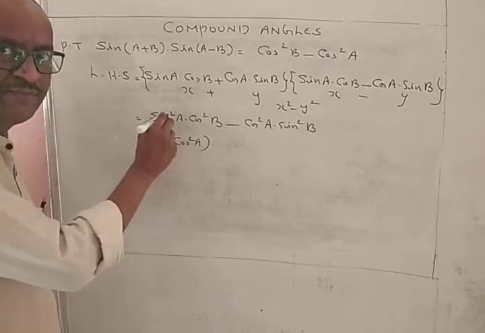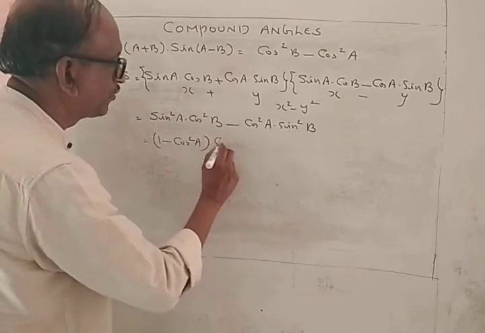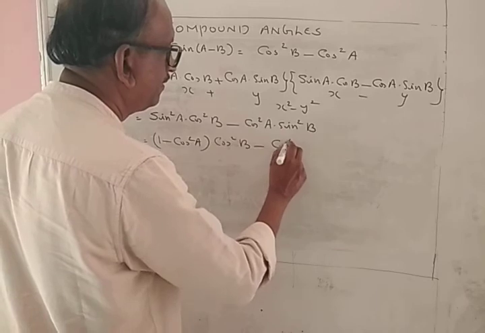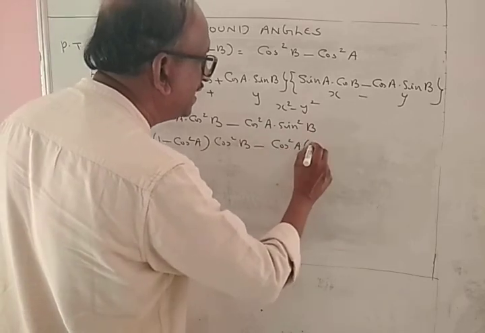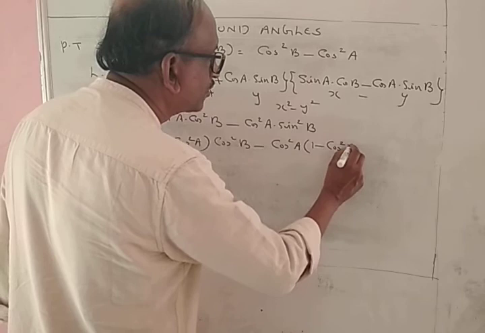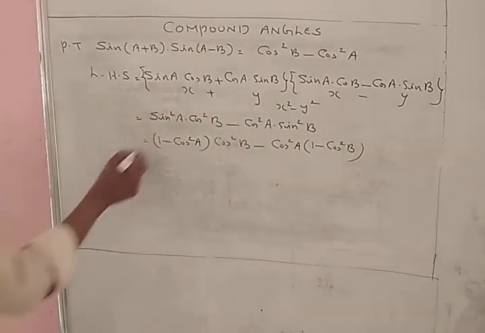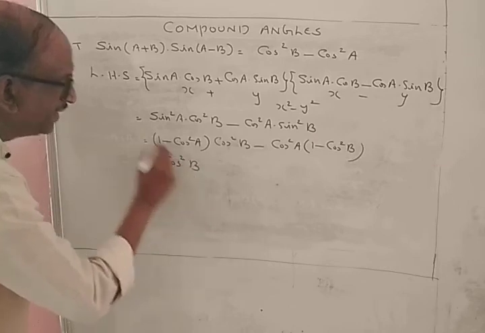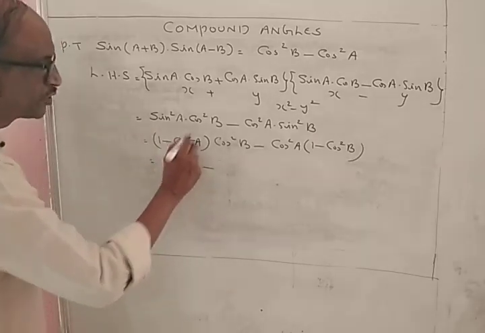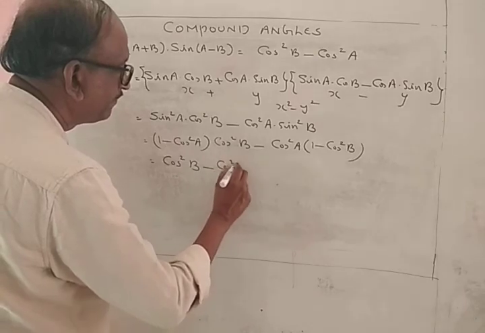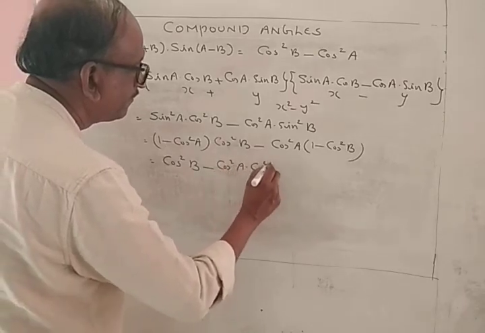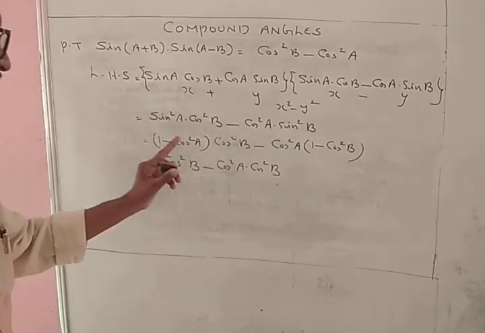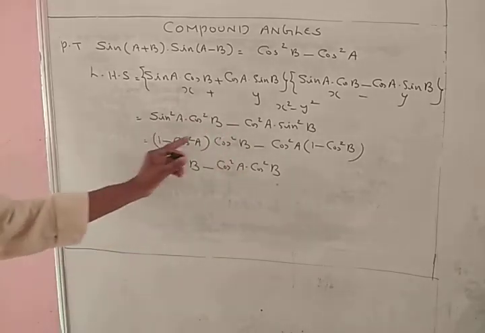Replace sin squared a by 1 minus cos squared a, into cos squared b, minus cos squared a into sin squared b, which is 1 minus cos squared b. 1 into cos squared b is cos squared b, minus cos squared a into cos squared b.